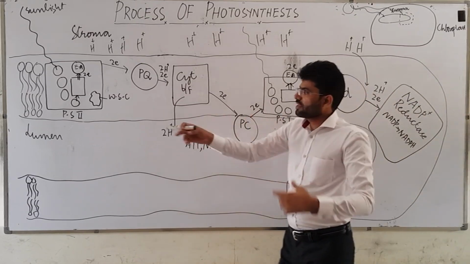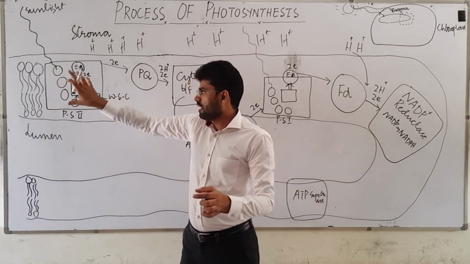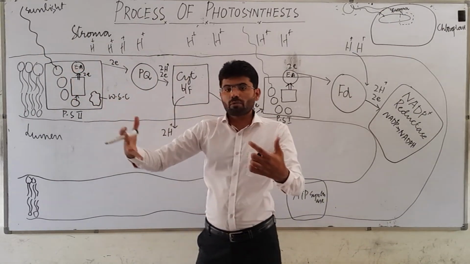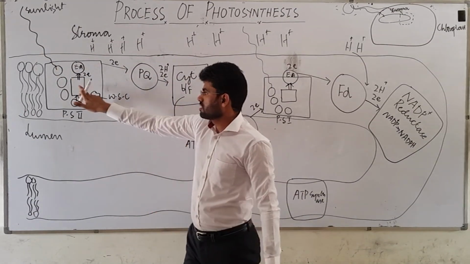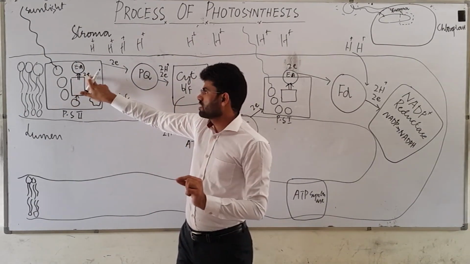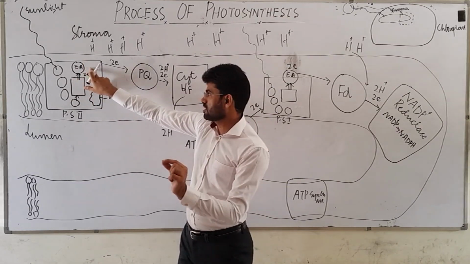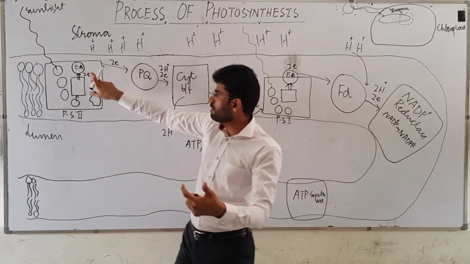Let's start again. Light strikes photosystem II. By the absorption of the light, this will lose its two electrons. These two electrons will be taken up by pheophytin. It is called an electron acceptor molecule.